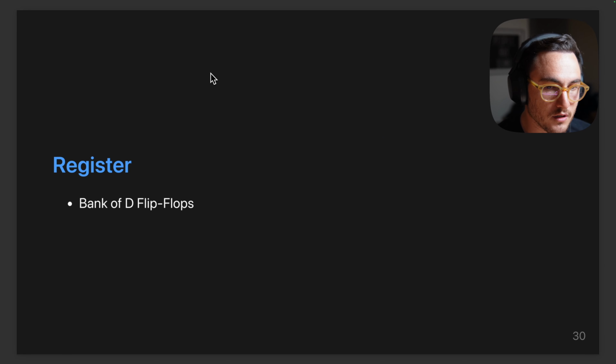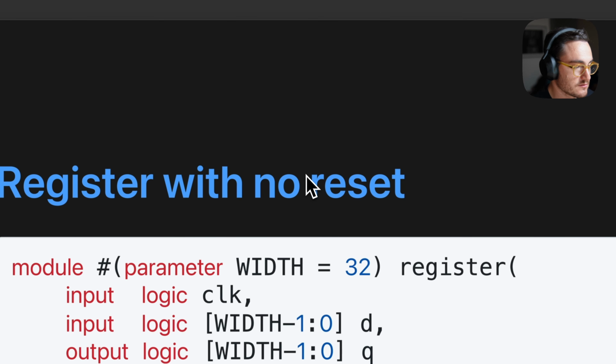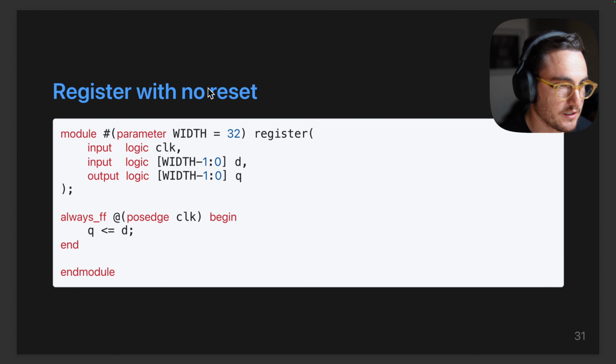Now that we saw the D flip-flop with all its variants of reset, enable, and whatnot, we can combine D flip-flops to create larger structures like a register. And a register is nothing else than a bank of flops put in parallel, and that's pretty much it. They all share the same clock, and in this case we have a 32-bit register, and we assign the 32-bit input to the 32-bit output on the rising edge of the clock.